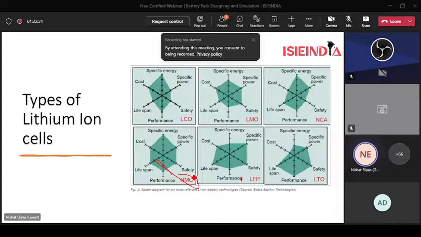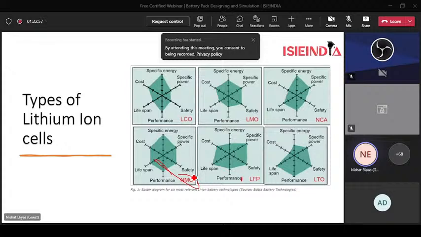When it comes to LFP, there is a longer life, with slower degradation or consumption of the material inside, and it has longer cycle life. But charging a cell with this chemistry takes a larger charging time.